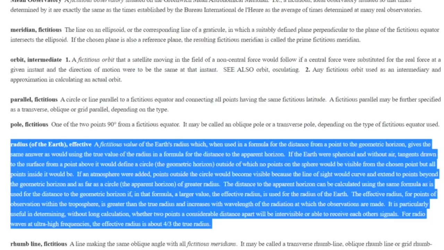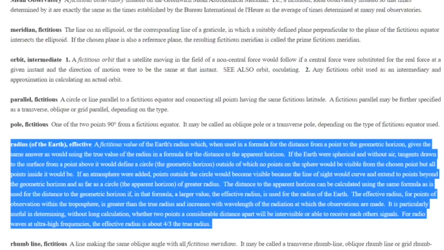If an atmosphere were added, points outside the circle would become visible because the line of sight would curve and extend to points beyond the geometric horizon as far as a circle, the apparent horizon, of greater radius. The distance to the apparent horizon can be calculated using the same formula as is used for the distance to the geometric horizon. I like this one.